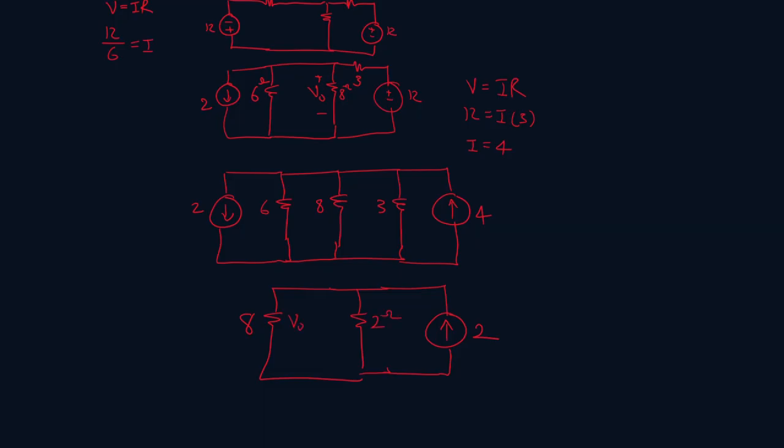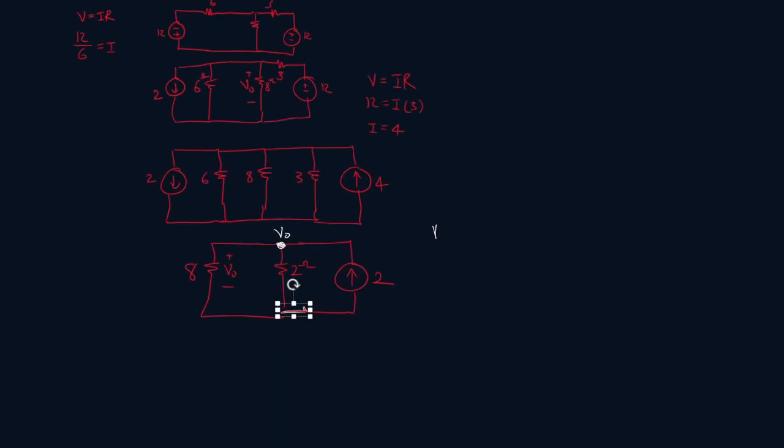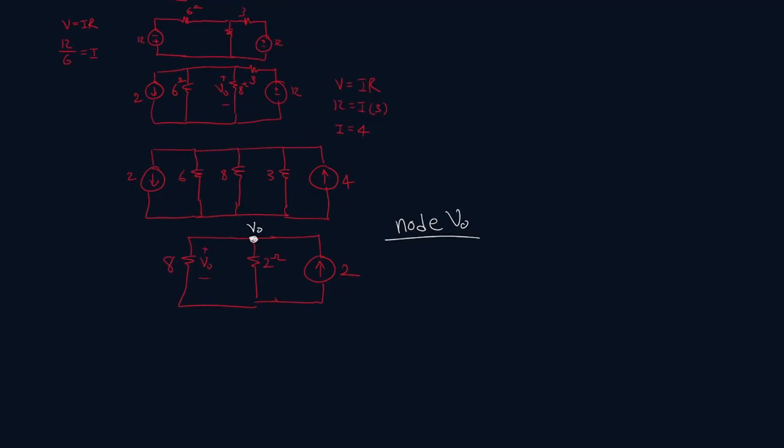And then we're trying to find VO. So now we can pretty much solve it. Let's call this node VO. The current here and the current here will be the same, because this is the ground node, so it will be 0 volts here and it increases by VO.